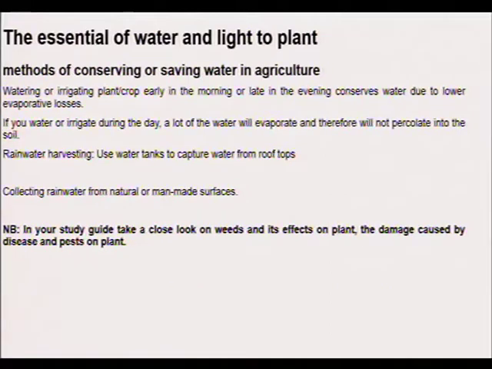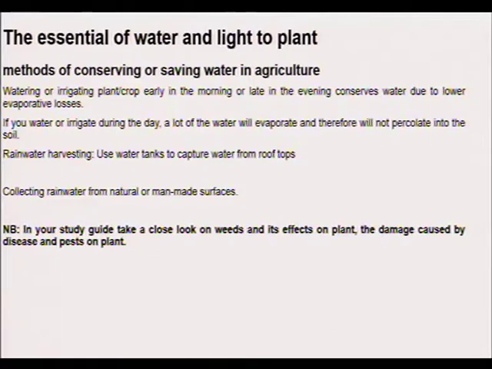And also looking now at the essentials of water and light to plants, we have some methods of conserving or saving water in agriculture. I would like us to look at these methods. One of the methods of saving water is that when you are watering or irrigating your plants or crops, you must do it early in the morning or late in the evening.